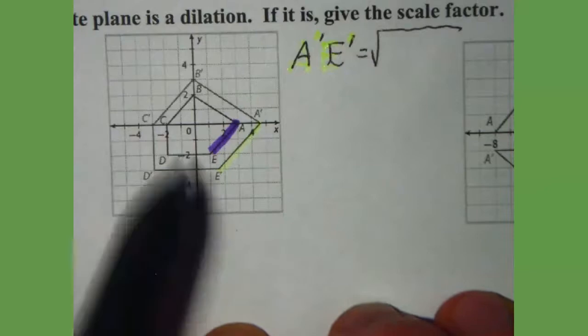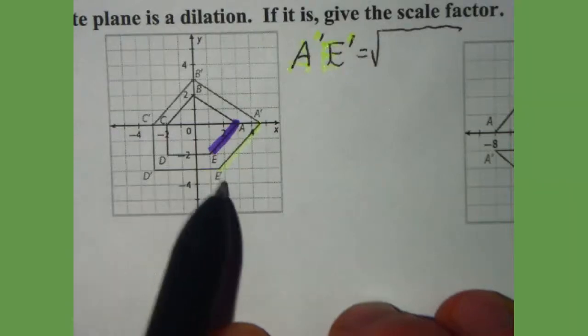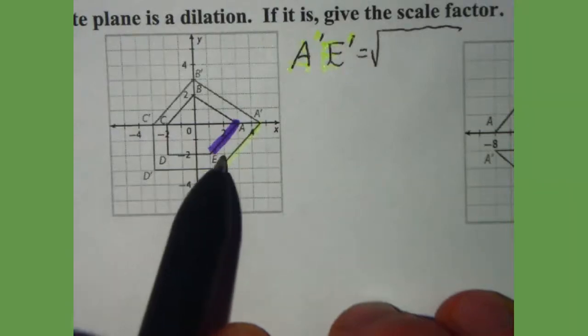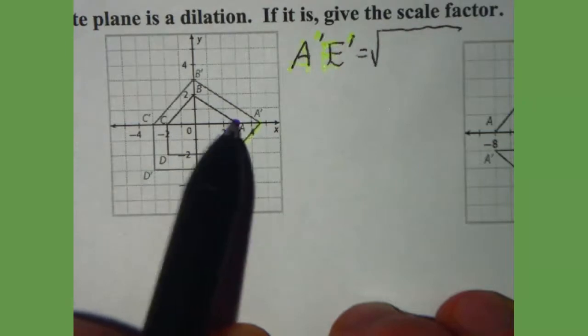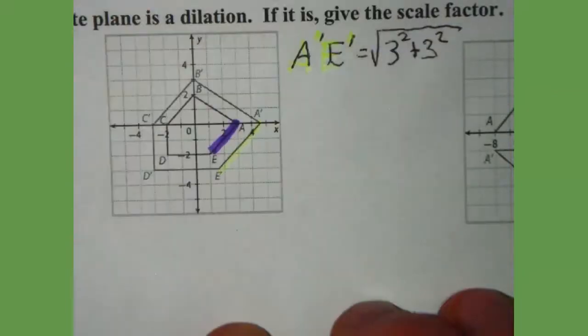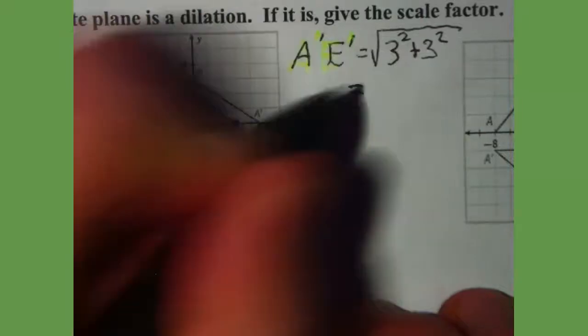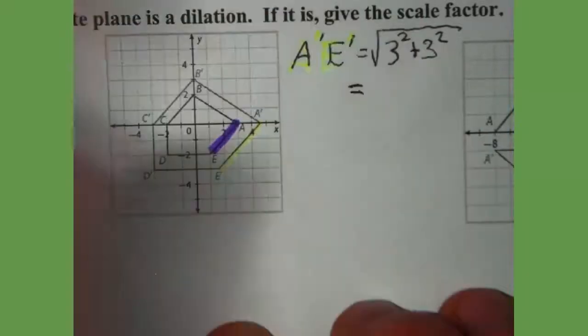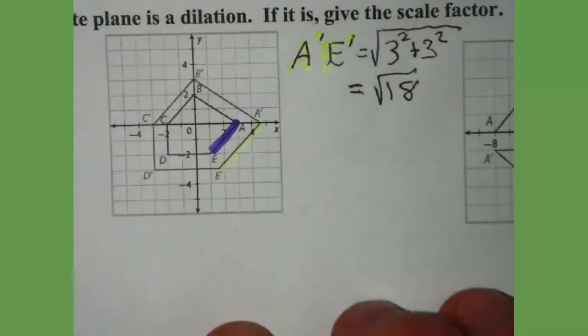All right. Well, AE prime looks like 1, 2, 3 over 1, 2, 3. So that's 3 squared plus 3 squared, which is 9 plus 9, which is the square root of 18. All right, then repeat.